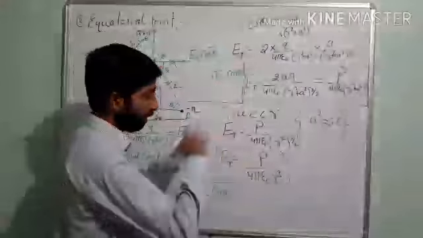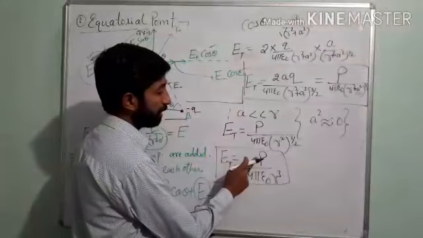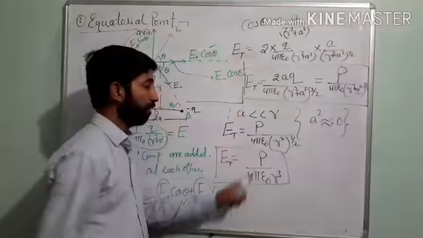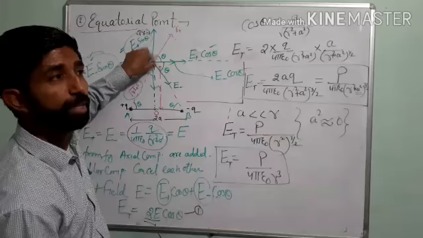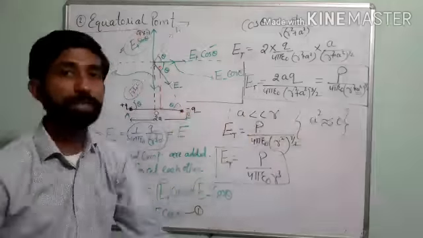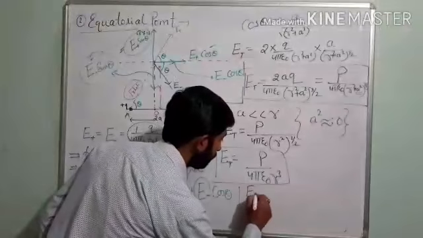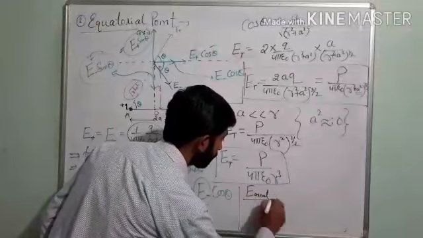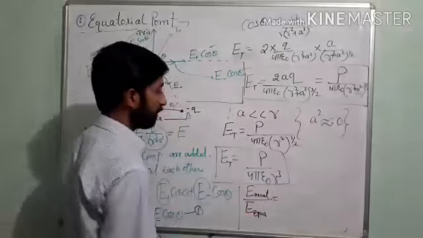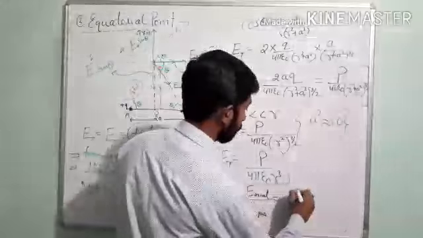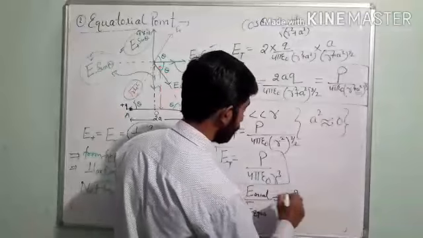So earlier at an axial point we had twice of P. Now we have in the numerator only P. It means the electric field at the equatorial point will be half of that produced at the axial point. That is, E axial over E equatorial is equal to what? 2:1.